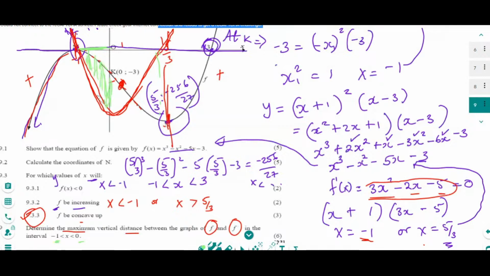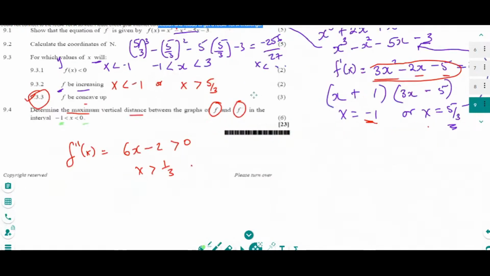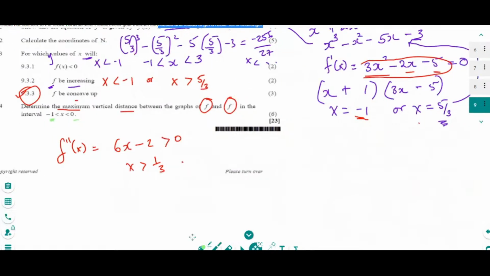For us to get the distance between any two graphs, we take the graph on top minus the graph that is a bit below. So it's my f, which is x cubed minus x squared minus 5x minus 3. I'm going to subtract my first derivative, 3x squared minus 2x minus 5.